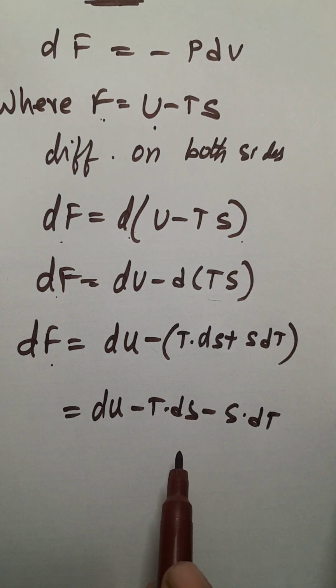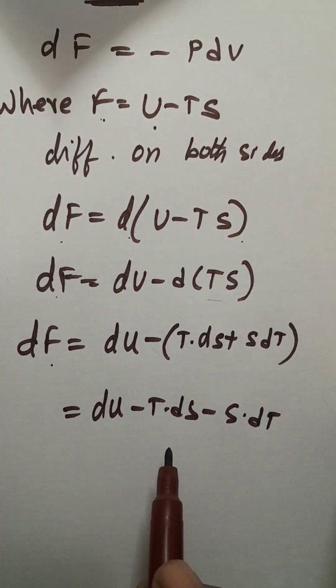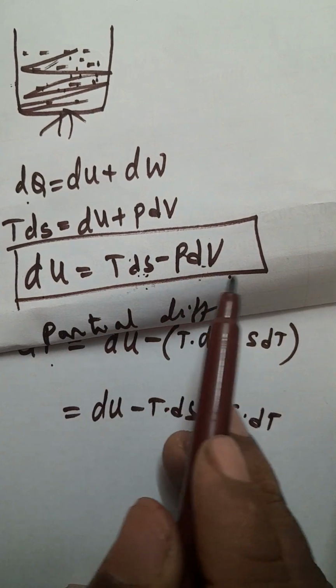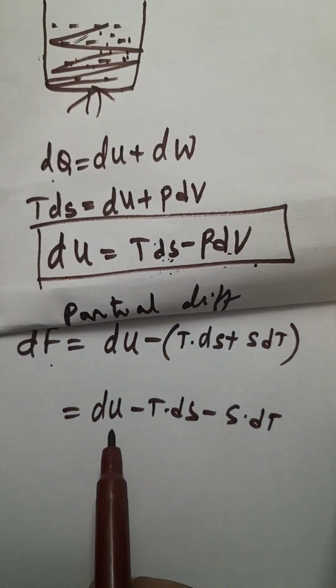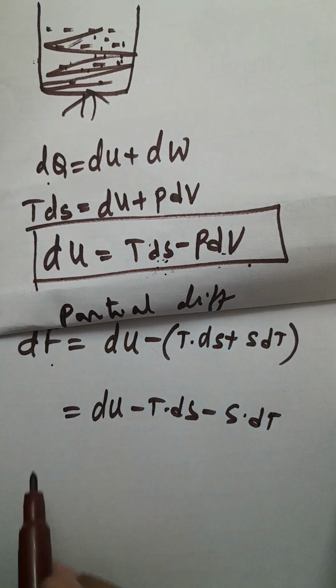Okay, but we know that dU is equal to, initially we know that, dU is equal to TdS minus PdV. Instead of dU we will write TdS minus PdV.